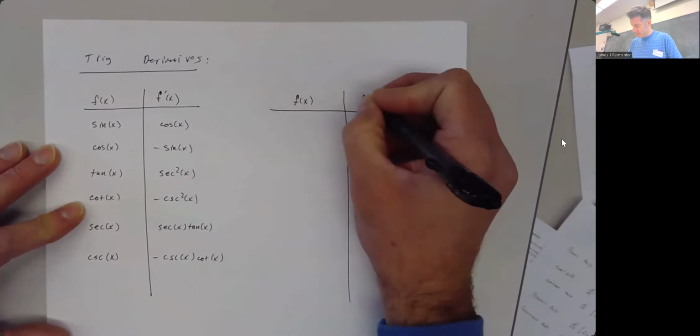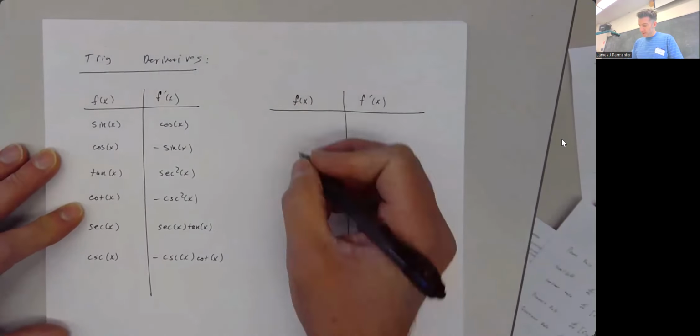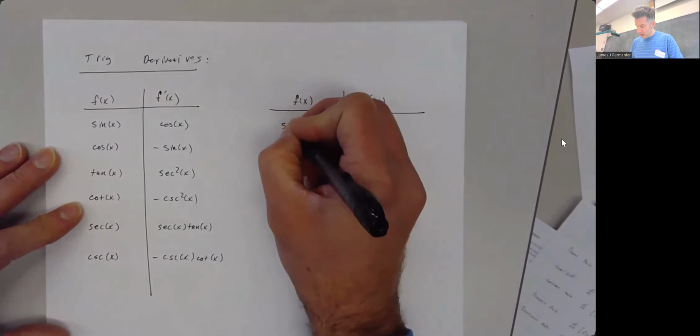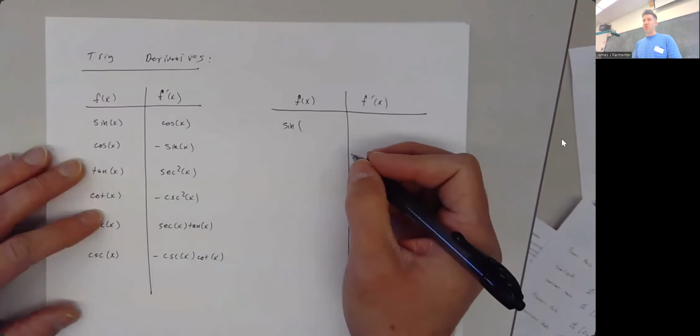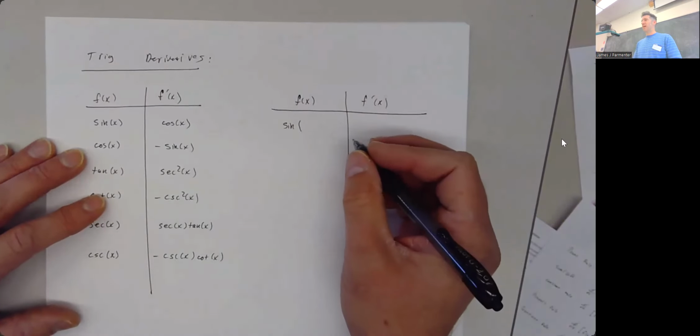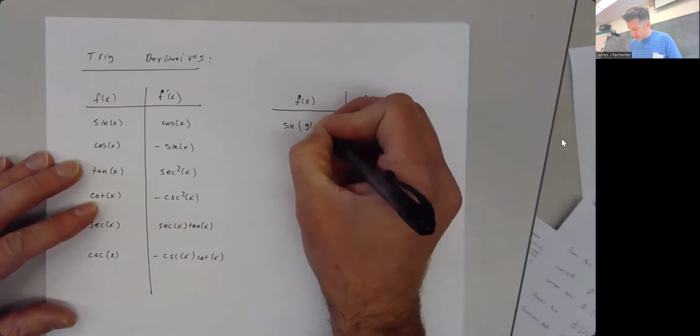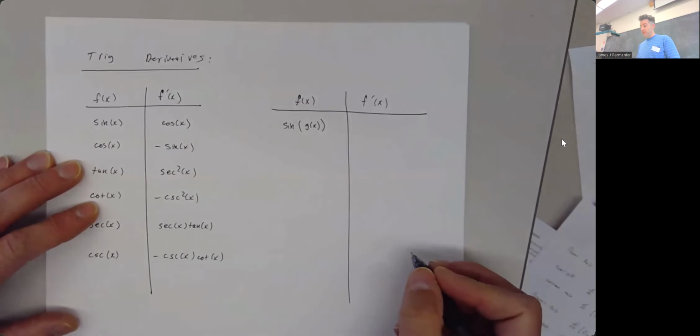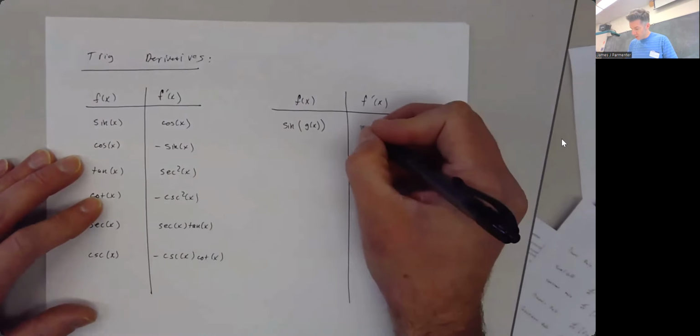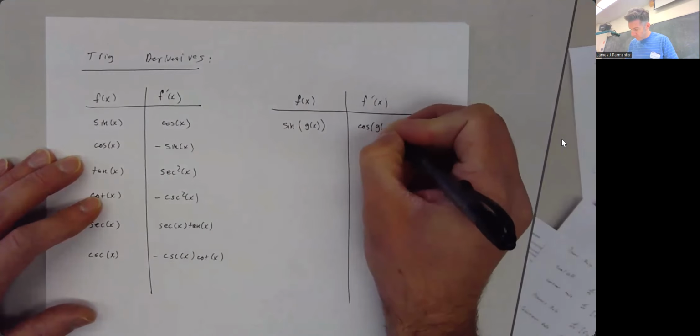if my function would say like sine of, the typical notation is u. I don't love that because I feel like it's not very explicit in the fact that we have some sort of function of x. I'm going to write sine of g of x. So if I have the derivative of sine of g of x, it's going to be cosine of my stuff.